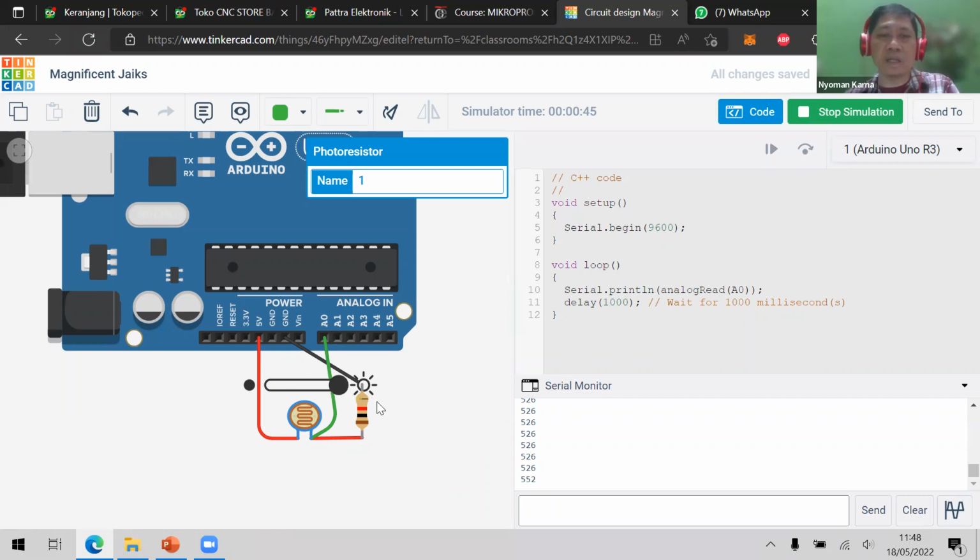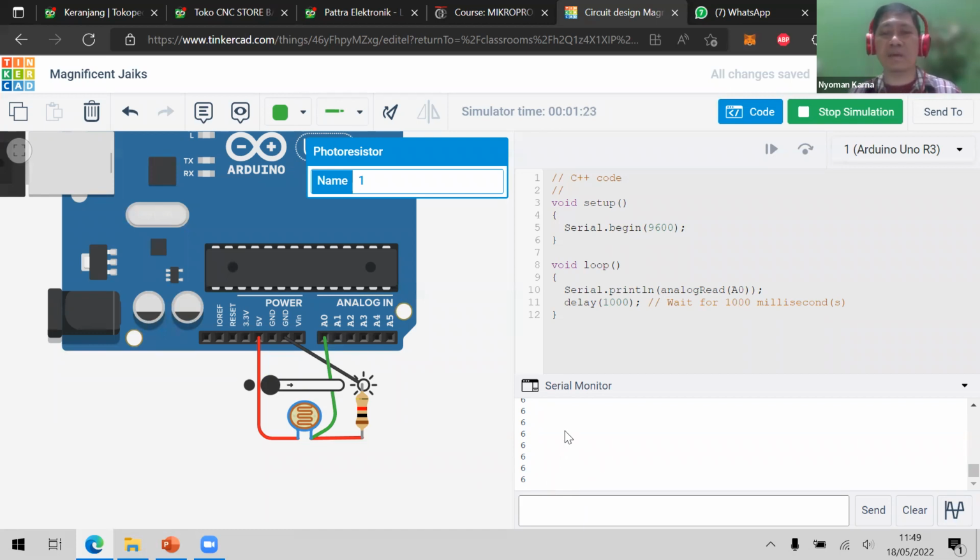How about right now? Oh, it's 679. So now we can make sure that when the brightness in the room is very bright, then it will return a value of 679. And then when it is very dark, the value is 6. Okay, this is how we use the photoresistor, the analog photoresistor.